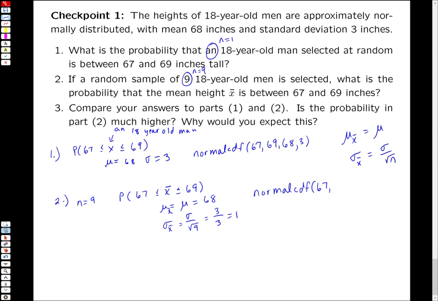High value? 69. Mean, 68. Standard deviation? 1. You see what the difference is? You are calculating the average of the 18-year-old men. And when you do that, you have to change the standard deviation right there. That is the only difference between the two of them.